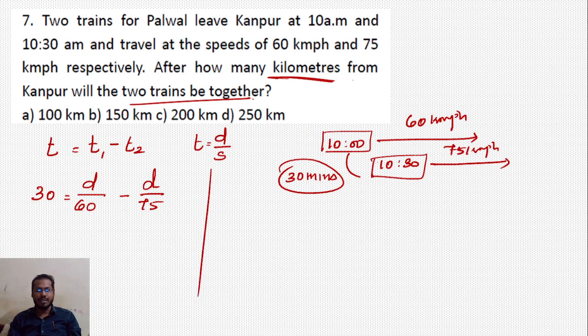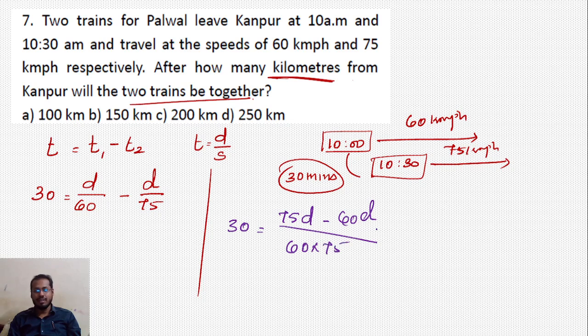We're going to solve this. 30 is equal to 75D minus 60D over 60 into 75. Don't find the answer now itself. Don't calculate anything. Just rewrite everything until it is favorable for you.